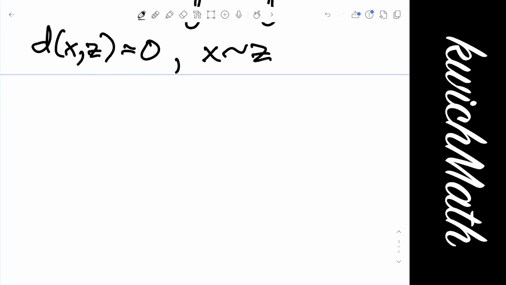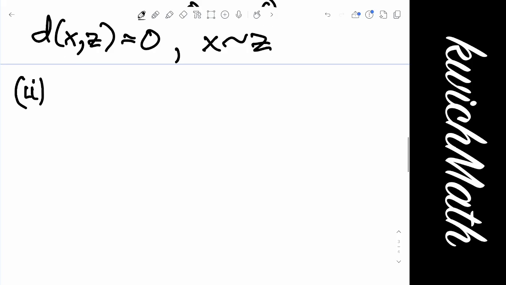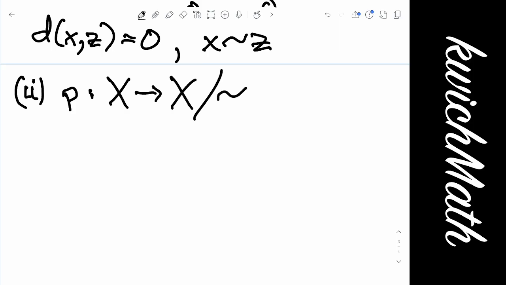But in the second problem, we consider the canonical map P, which is from X into the set of equivalence classes, right? We write it like this with this fancy division notation, and in particular the element X is sent into the equivalence class containing X, right?